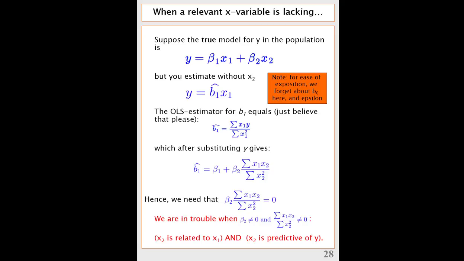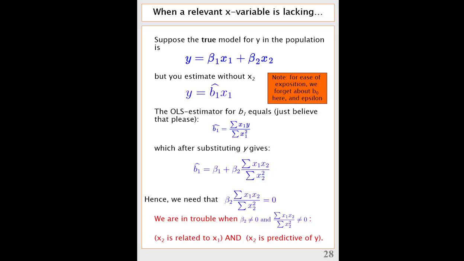So now we see that the predicted b1 that we would like to be equal to beta 1 actually is equal to beta 1 plus something else. I don't want that to be there. We would be fine if this would be 0. Or stated otherwise, we're totally not fine if this is not 0. Now let's see when that is. This part should be 0 and we are good to go for our estimate b1 hat.